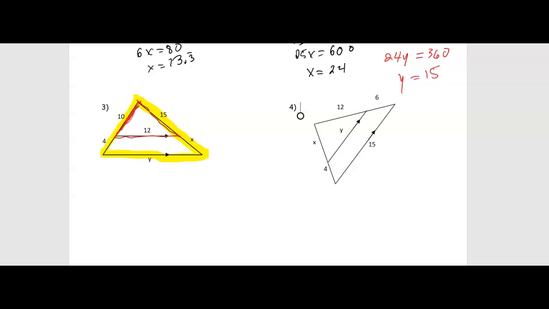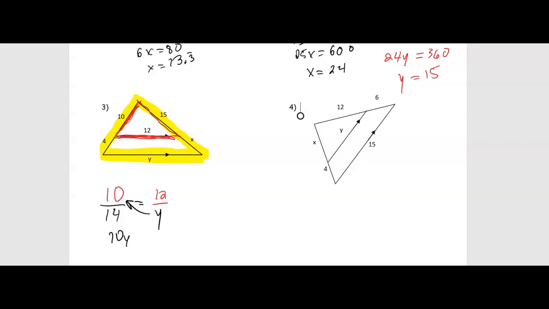I'm going to take this 10 and then look at its corresponding big side, which is 14. Then we come over here. I'm going to find the y right now. The bottom of the little one is 12. The bottom of the big one is this y here. So we can solve that for y.